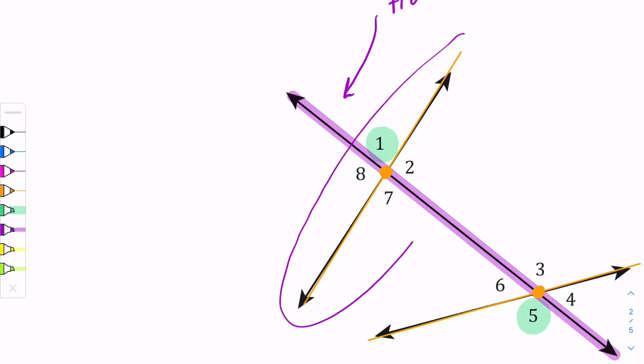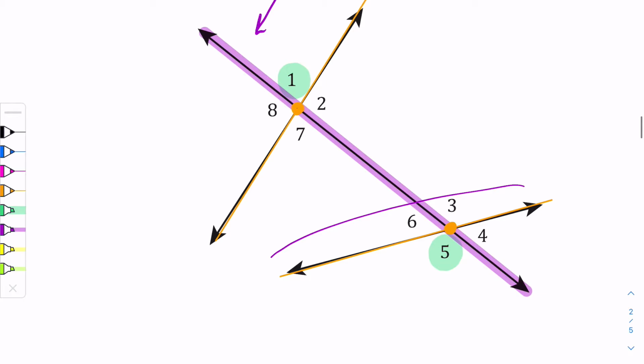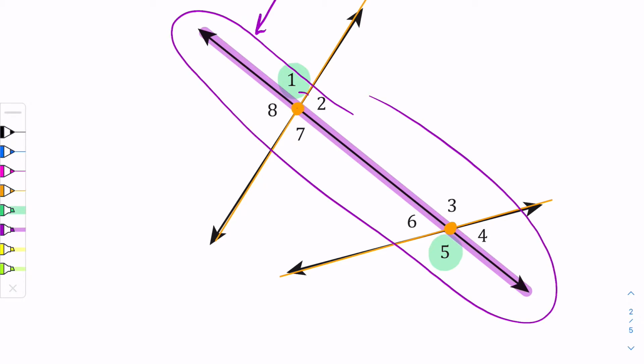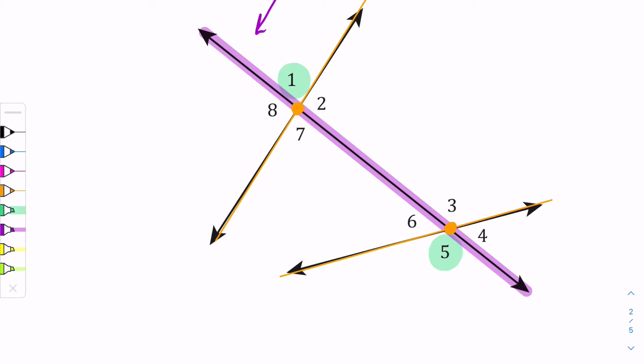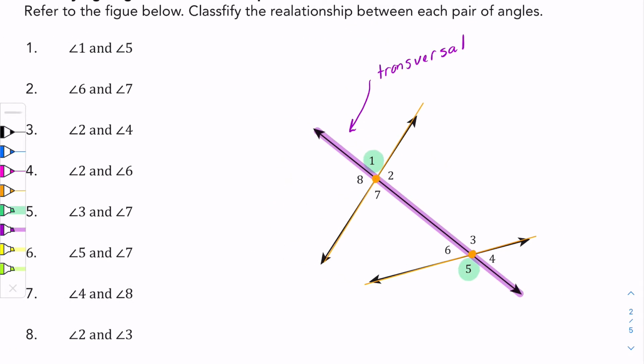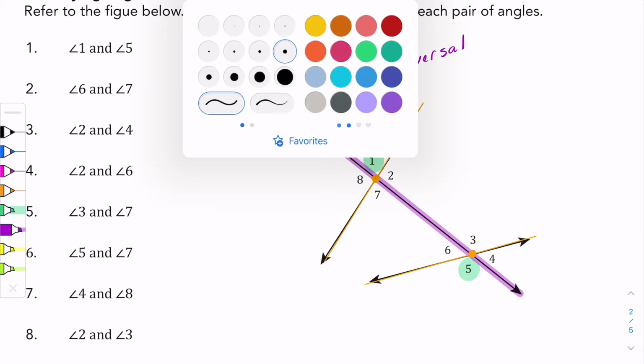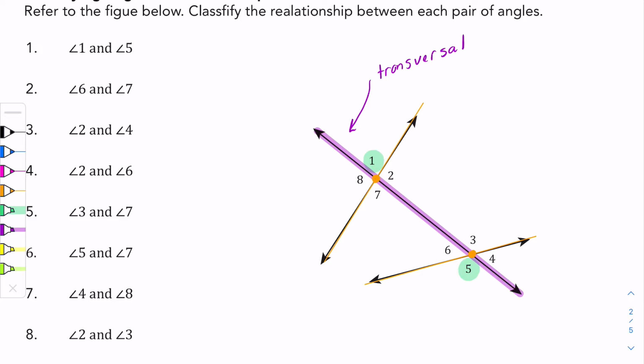So this cannot be a transversal because it only intersects one line. This cannot be a transversal because it only intersects one line. This can be the transversal because it intersects two lines. So now that we identified the transversal, I'm going to do the same thing really quick, and I'm going to highlight my exterior angles in blue, and I'm going to highlight my interior angles in orange.